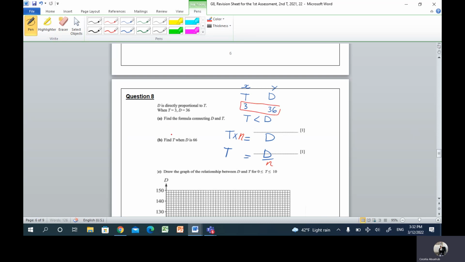If you carry on with reading the question, they tell you find T when D is 66. So we have T and D again. They gave you a relation: when T is equal to 3, then D is equal to 36. And they're asking you, find T, so T is unknown, when D is equal to 66. What you used to do last term, you used to cross multiply.